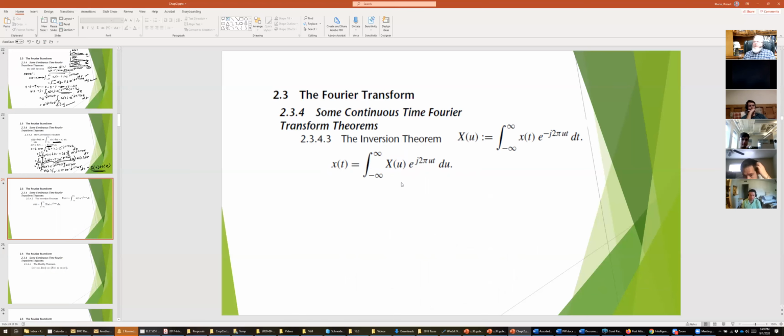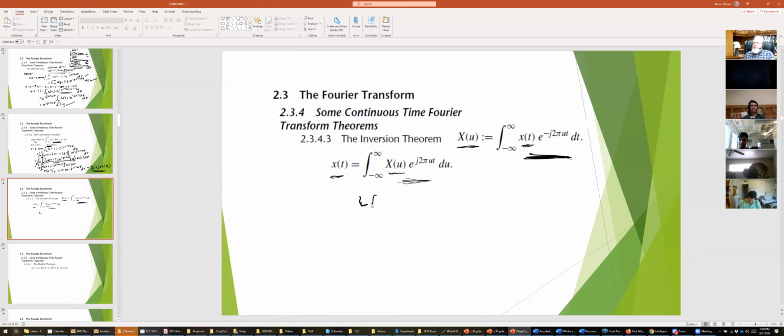Here's the inversion theorem. We stated the inversion theorem without proof. Remember, this was the Fourier transform, and this was the inverse Fourier transform. The Fourier transform gets you from x of t to the frequency domain. The inverse transform gets you from the frequency domain back to the time domain. We're not going to prove it now, because in order to prove it, we have to have something called the Dirac delta.